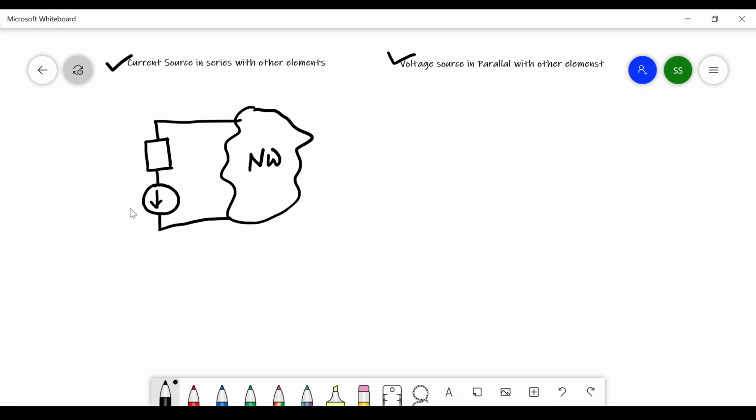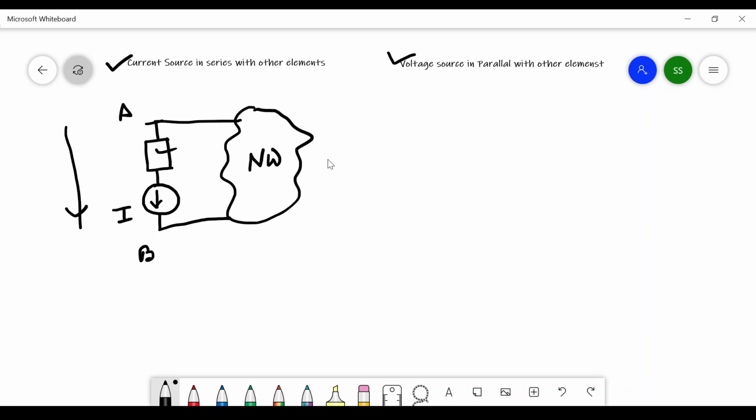Now this current source is I, let's say. Obviously this current source has the current I, and this element is connected in series with it, so in this branch from A to B, the current is I.